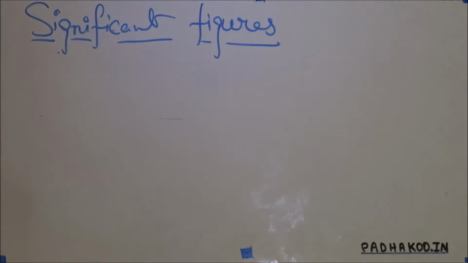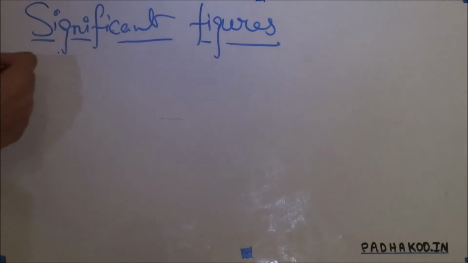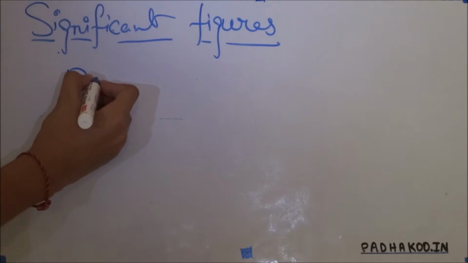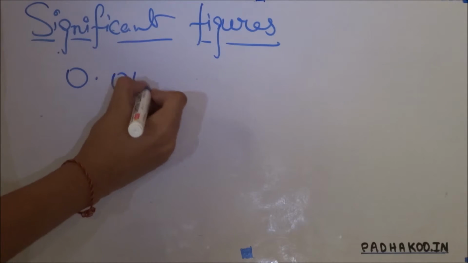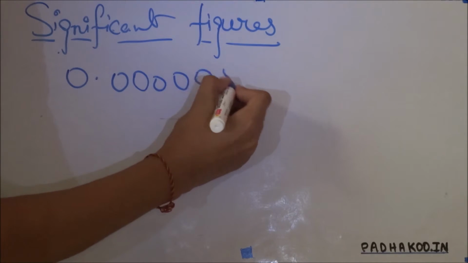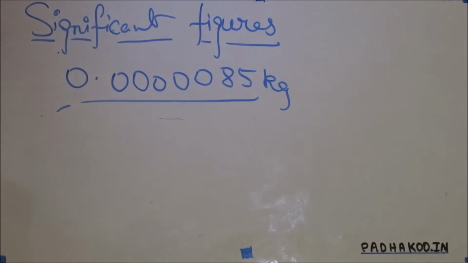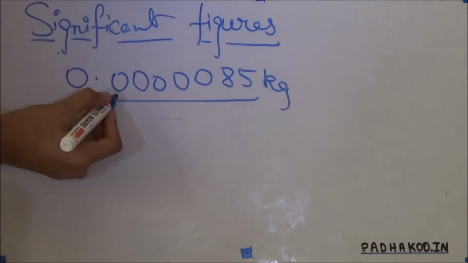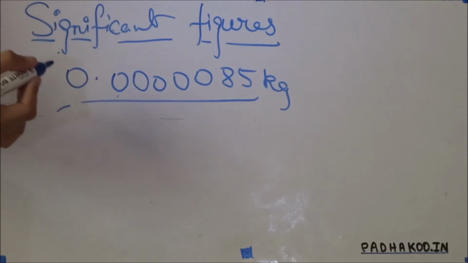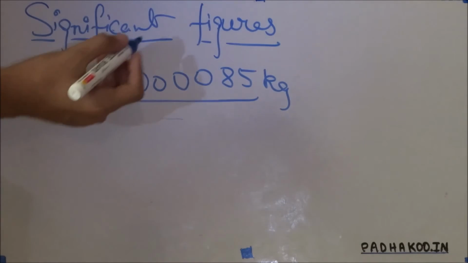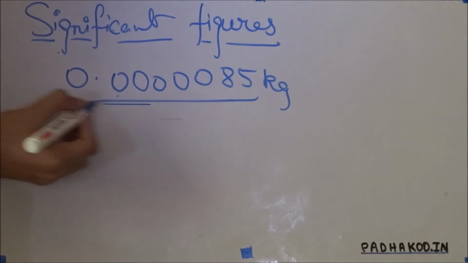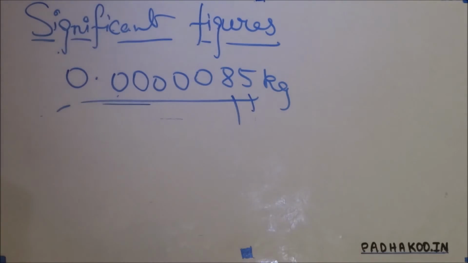Suppose that we have a very, very small number, say the mass of something is 0.0000085 kg. Here the zeros preceding the first non-zero digit are not significant figures, which means that this whole number has 1, 2, so only 2 significant digits.